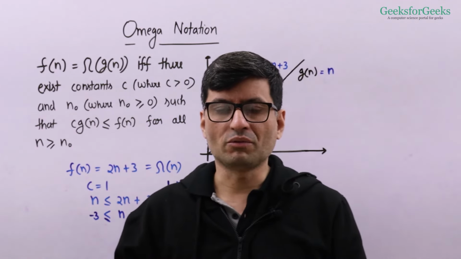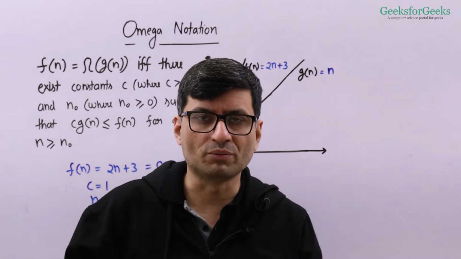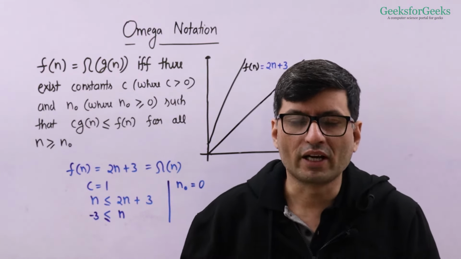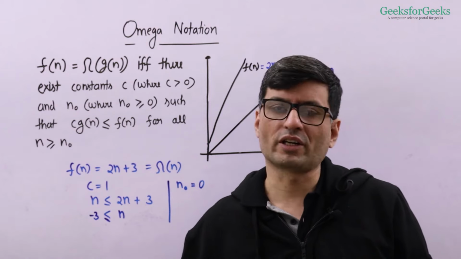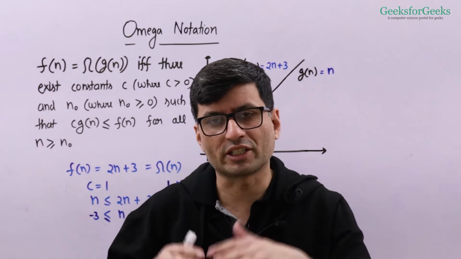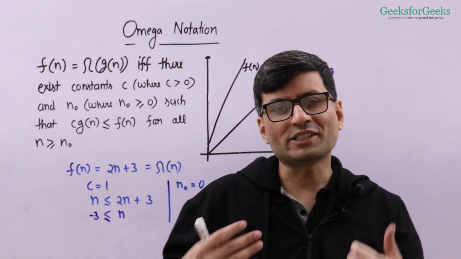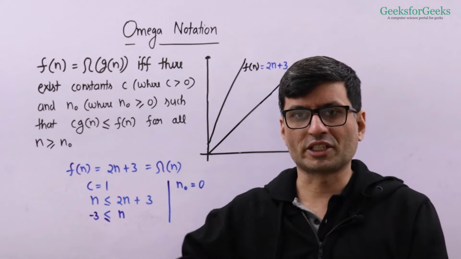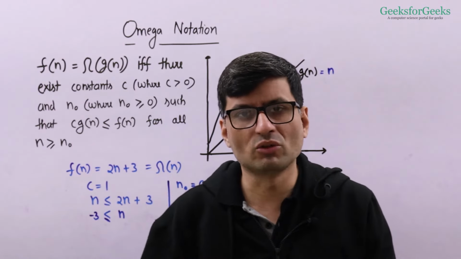Consider a situation where you have an algorithm to implement an online game, and say there are n players in the game, and this game keeps on running forever unless a player quits the game. If a player quits the game, then the game is over. Now you can't say anything about an upper bound on the time taken by the algorithm or program because it keeps on running, but you can have a lower bound.